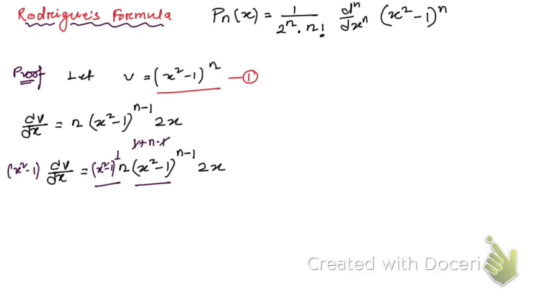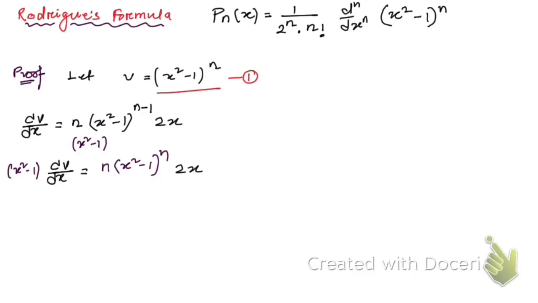So on the right hand side we're going to have n into (x square minus 1) whole to the power n. Hope you have understood this. When we have multiplied x square minus 1 on both sides of the above equation, we have got this equation.